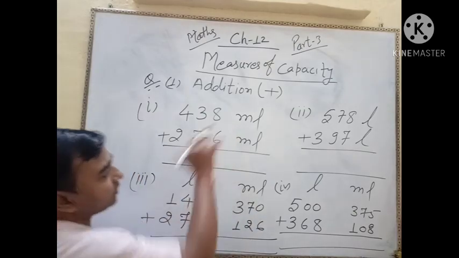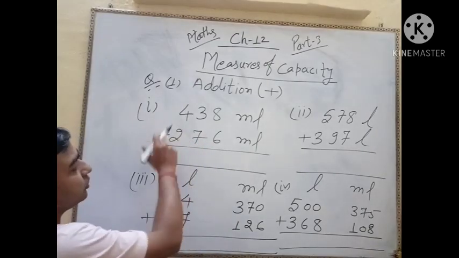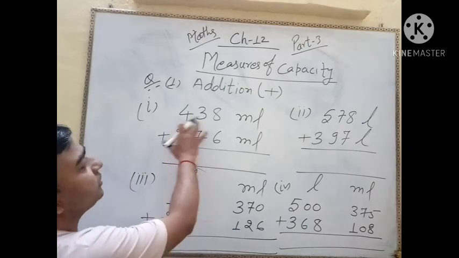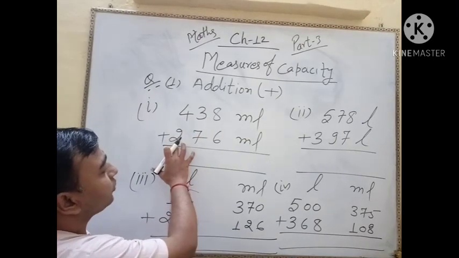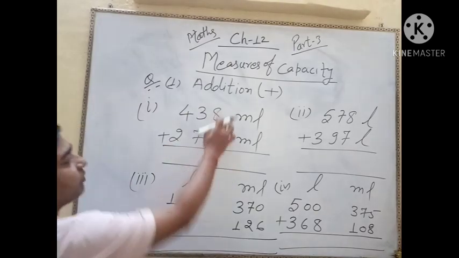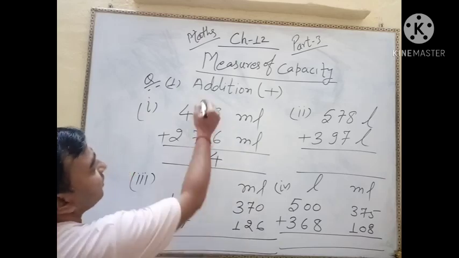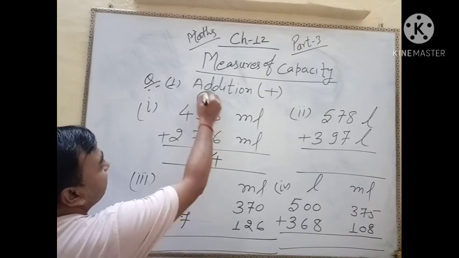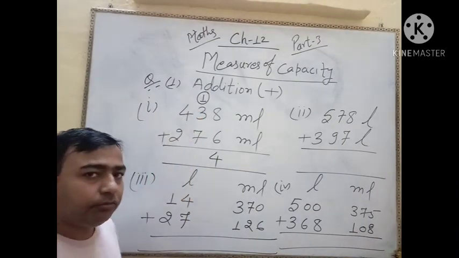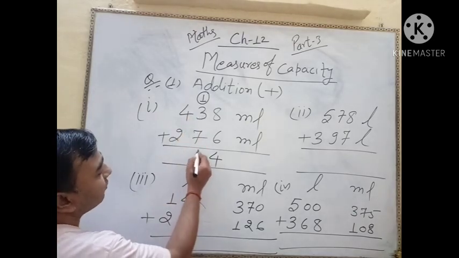Okay, so first we will solve question number 1. Both numbers are in milliliter. 438 milliliter, 276 milliliter. So 8 plus 6 equal to what? 8 plus 6 equal to 14. We will write only 4, carry 1. 1 plus 3, 4, 4 plus 7, 11. We will write 1 only.